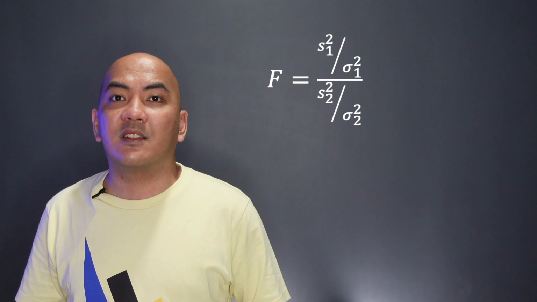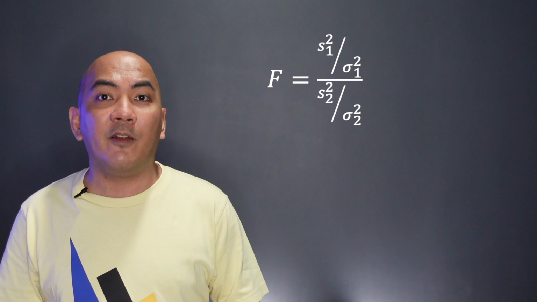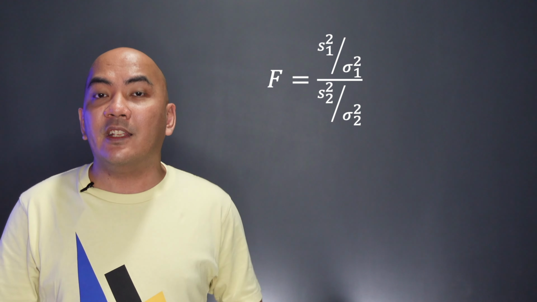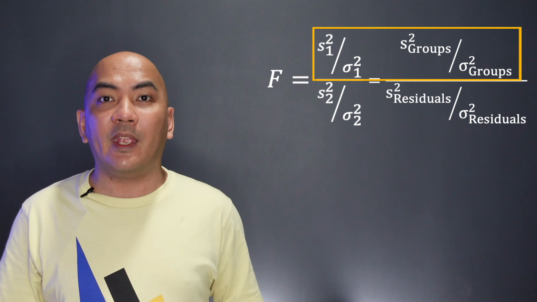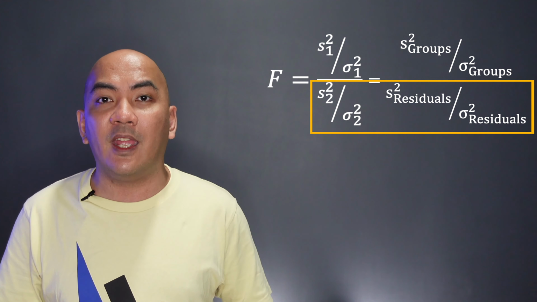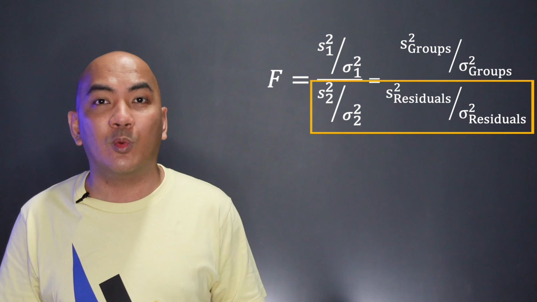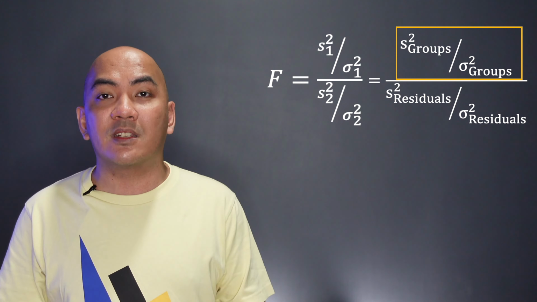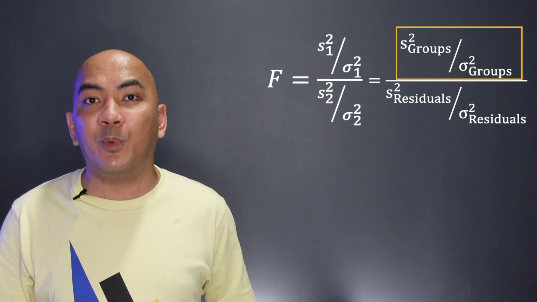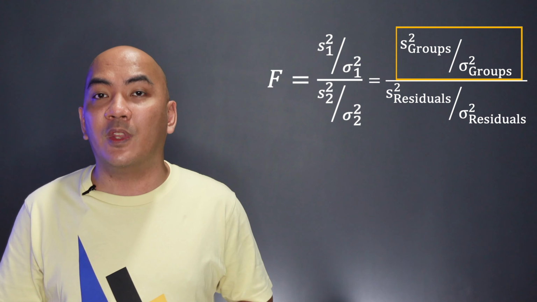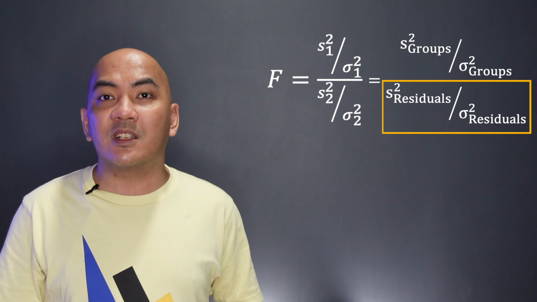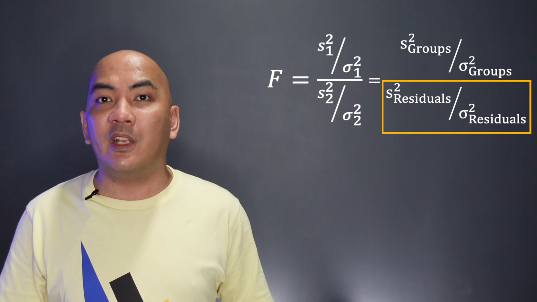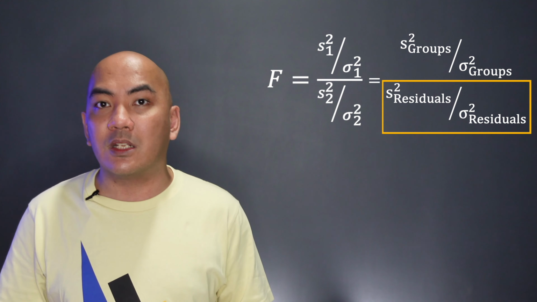Now to get the F statistic, you're already familiar that the F statistic is computed using this equation. And in the analysis of variance, the numerator here refers to the groups and the denominator refers to the residuals. In other words, S squared sub 1 and sigma squared sub 1 refer to the sample and population variances of the groups, and S squared sub 2 and sigma squared sub 2 are the sample and population variances of the residuals.